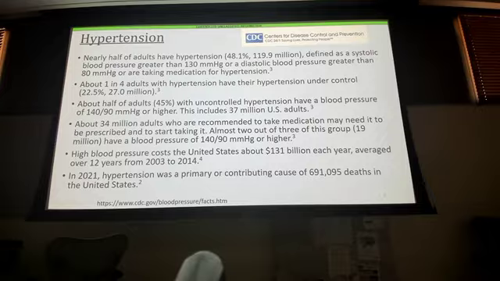And that's using the criteria of blood pressure greater than 130 over 80, okay? About 1 in 4 adults with hypertension actually have their hypertension under control. So that means 75% of patients with hypertension do not have their blood pressures at goal.